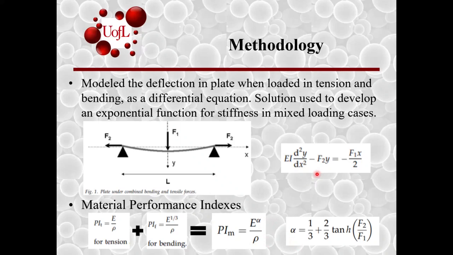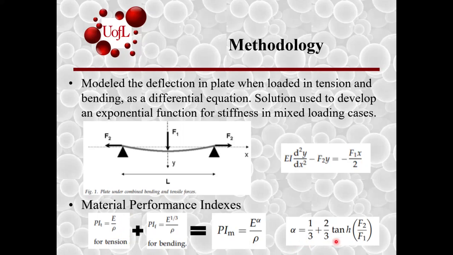Through the solution to this differential equation, they develop alpha to be 1/3, which represents the bending condition, plus a second term, 2/3 tangent, where F2 to F1 is a ratio of the tensile force to bending force. When this tangent term goes to 1, this becomes 2/3, and alpha becomes 1, and that represents our tension condition.